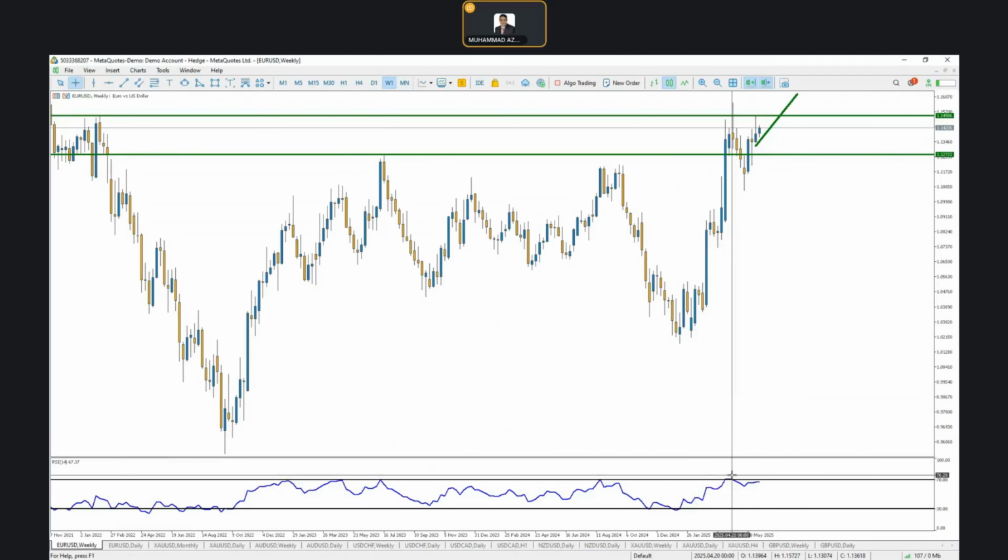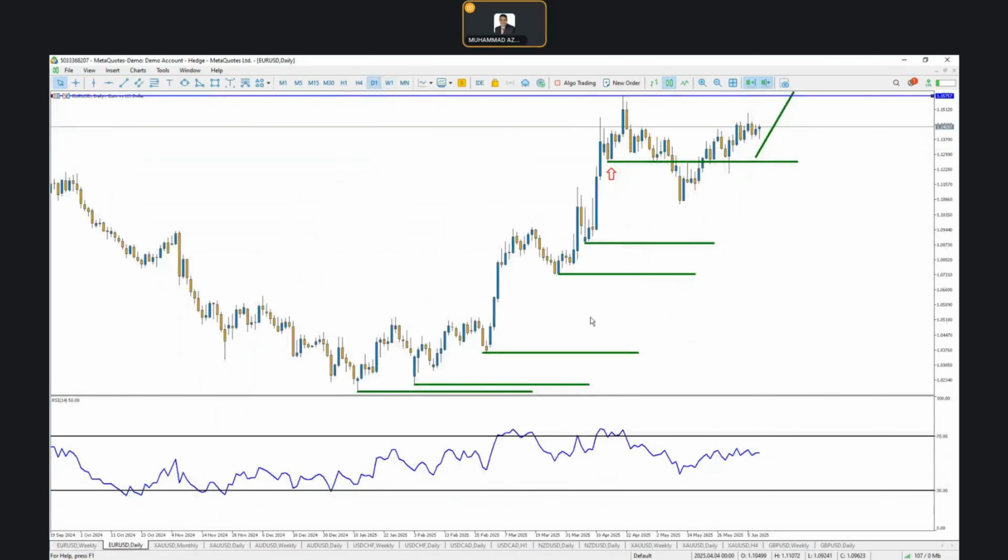Like over here, we got the weekly time frame. The RSI went above the 70 level, and if you check out the daily time frame, it was overbought over here. And now, as soon as you see further upside, the RSI is again going to hit the 70 level. So it suggests that the upside potential is limited.